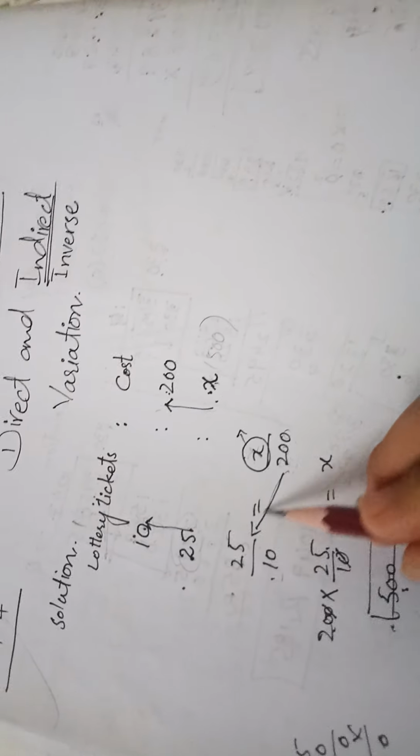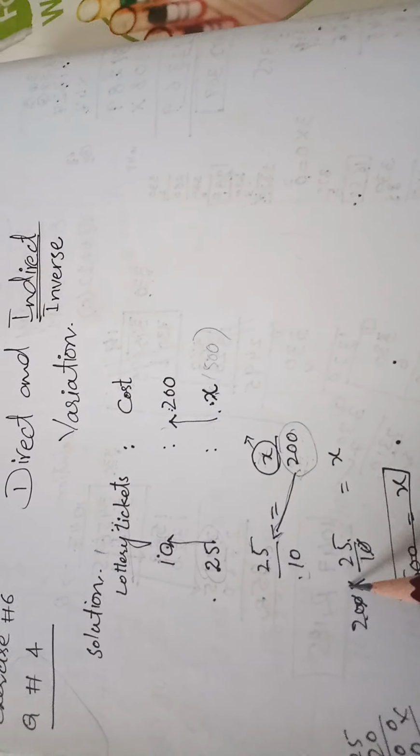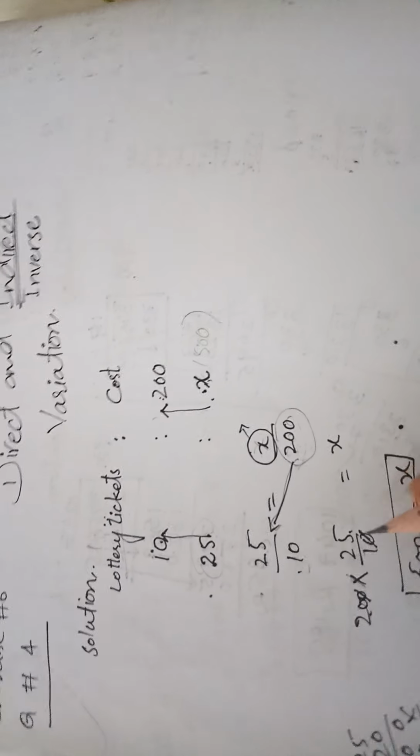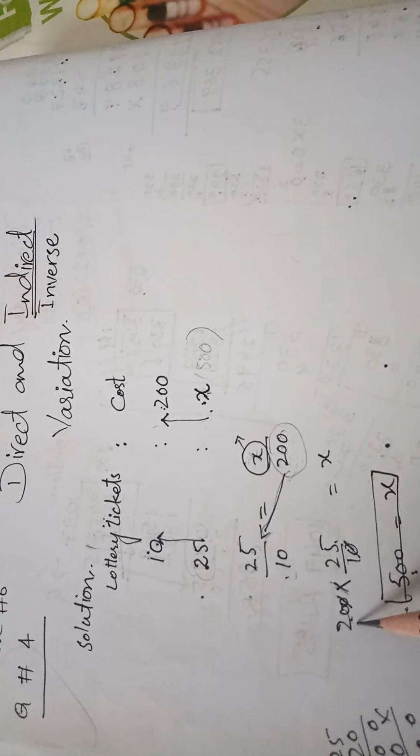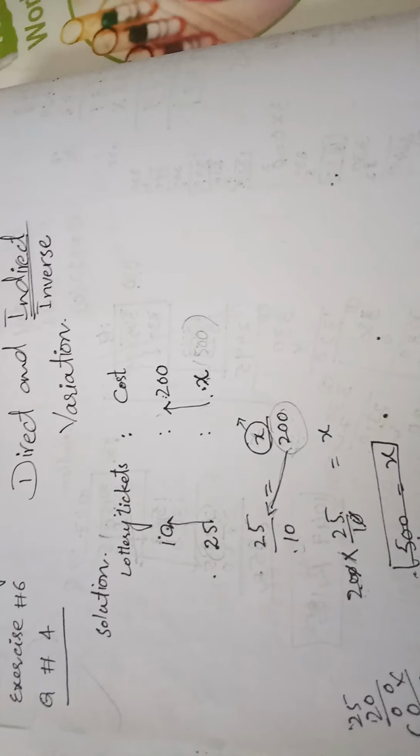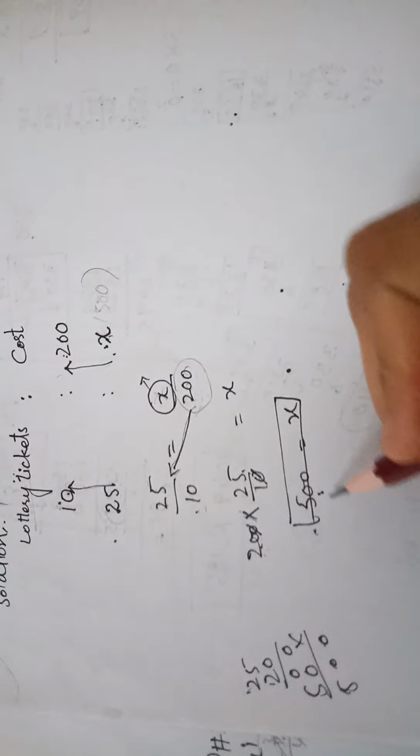So here you will do the cross multiplication. 25 divided by 10, this 10 is the denominator, and when we take it to the other side of the equal sign, it will be multiplied. The 0 will be cancelled by this 0, so the 20 is remaining here. This 20 will be multiplied by 25. 25 twenties are 500.